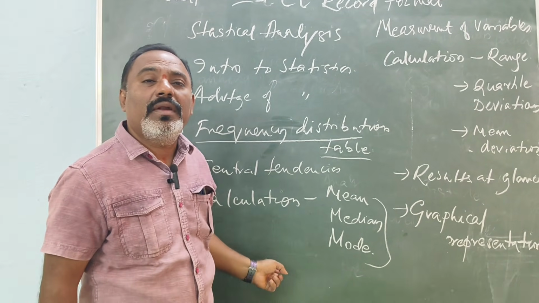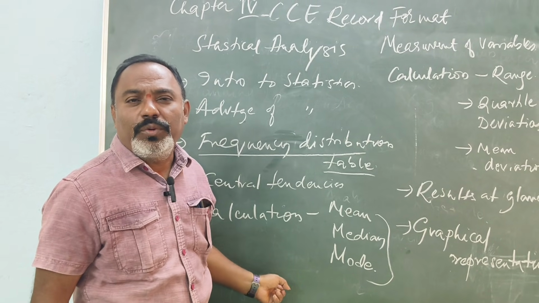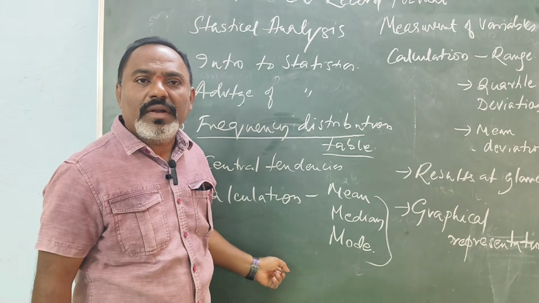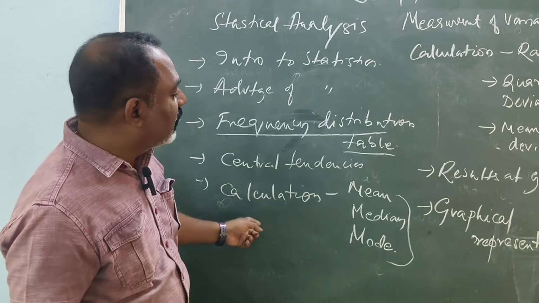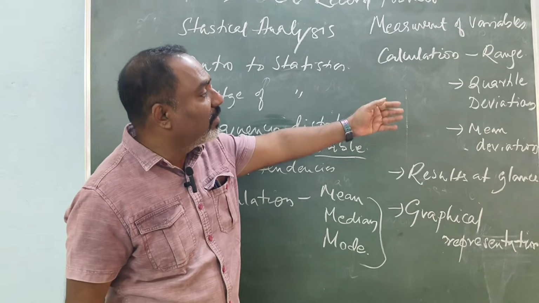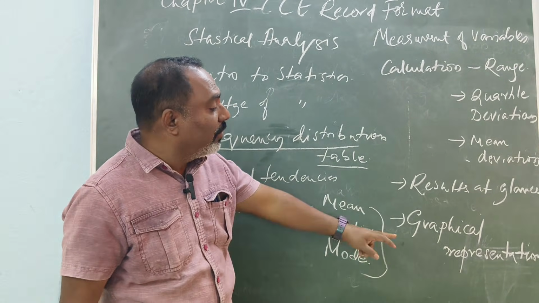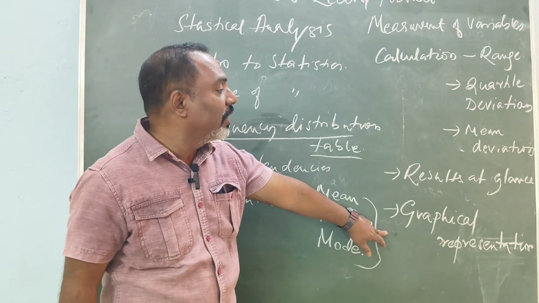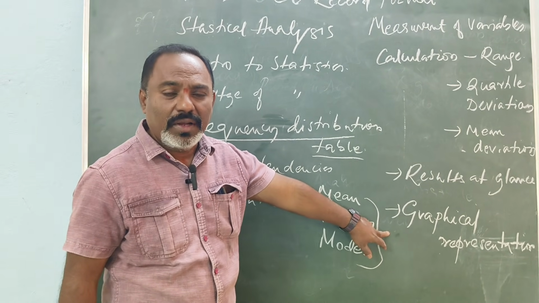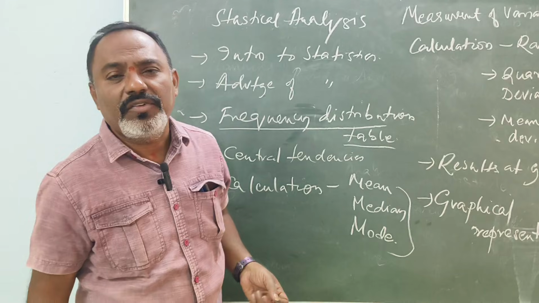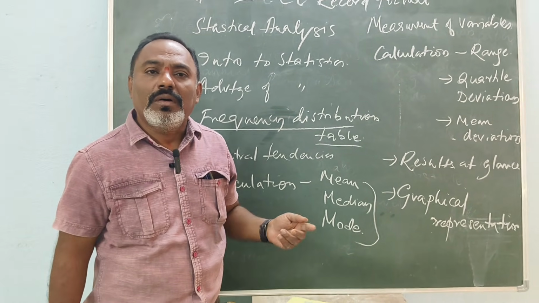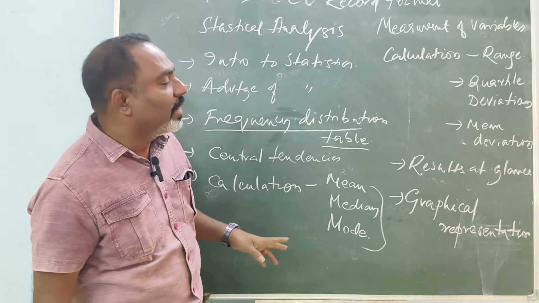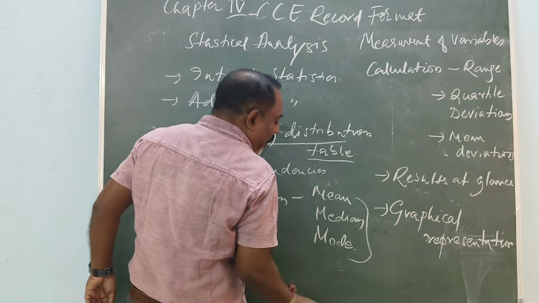If the test implemented in the classroom by you is purely based upon the academic blueprint, and the difficulty level is correct, then definitely, whatever the statistical calculations of mean, median, mode, as well as range, quartile deviation, mean deviation, when it comes to graphical representation, what do I see on the graph, then definitely you will get a bell curve. So after implementation of your test in the classroom, the analysis will be carried out by statistical techniques, and that will be correct only when you get a bell curve.